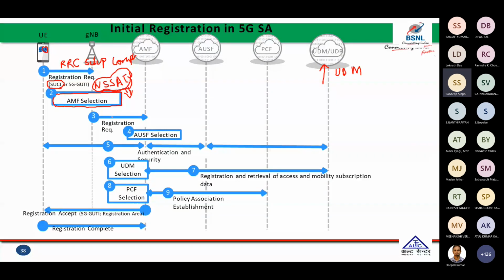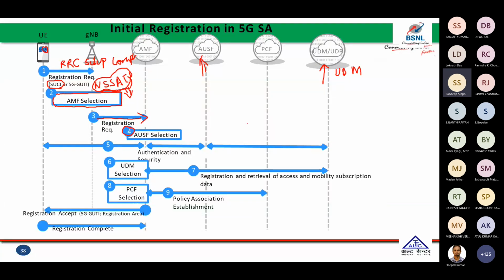Then the AMF selects the AUSF. Why is the AUSF selected? AUSF is responsible for authentication. In our 4G network, the authentication is done by the MME. But in 5G there are two levels of authentication. One is done by the AMF, another by the AUSF.